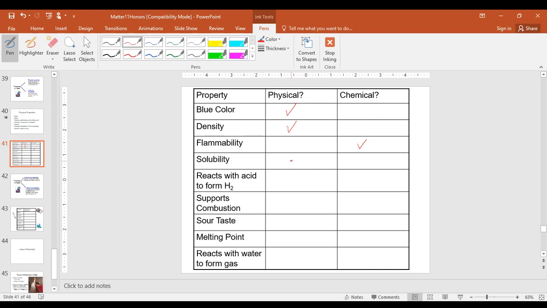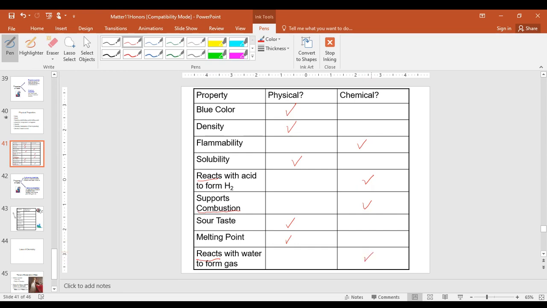That would be physical. Reacts, whenever you see the word reacts, that's going to be chemical. Supports combustion, that means does it help something catch on fire? Definitely chemical. Sour taste, physical. Melting point, physical. Reacts, once again, chemical.